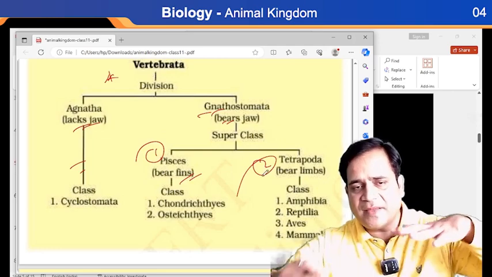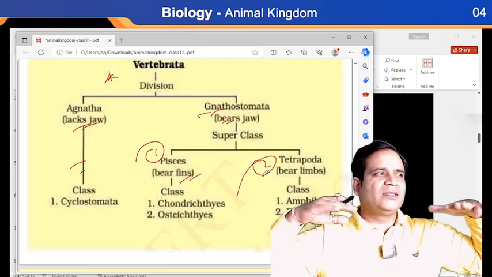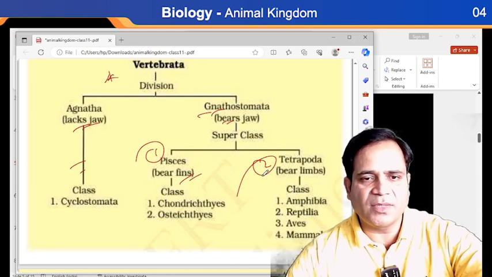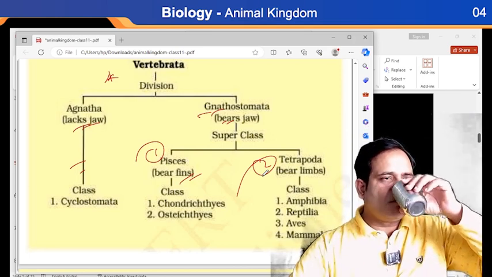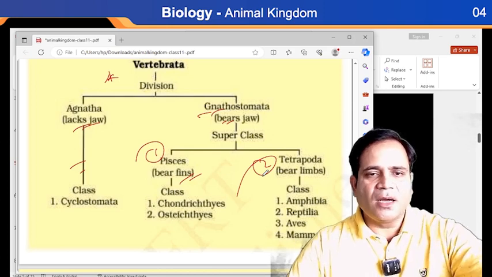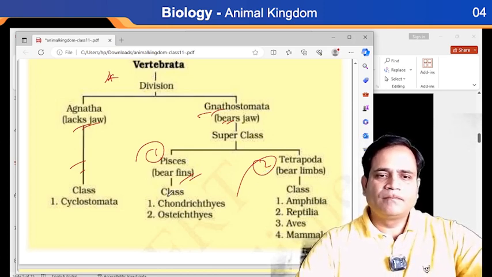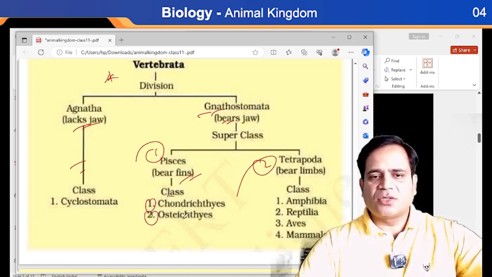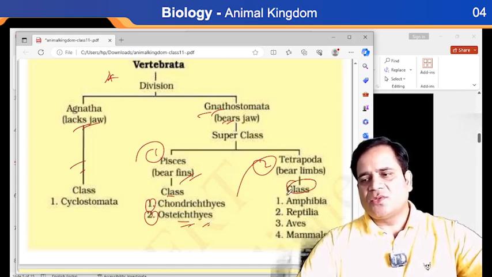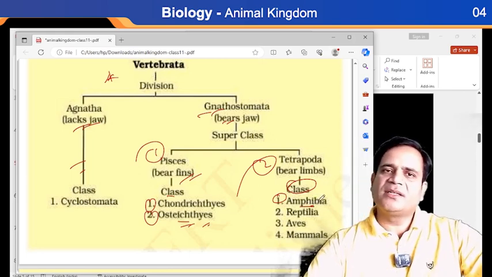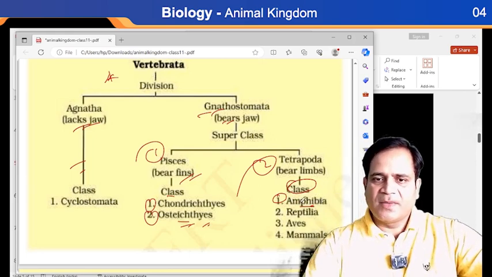They have fins just to swim or to locomote in the water medium. Now, what are the classes? Here Chondrichthyes and Osteichthyes are the what? Classes. And now the Tetrapoda, here the Amphibia. Amphibia means what? Organisms which live in both land and water. Second one is what? Reptilia, and third Aves and Mammalia.